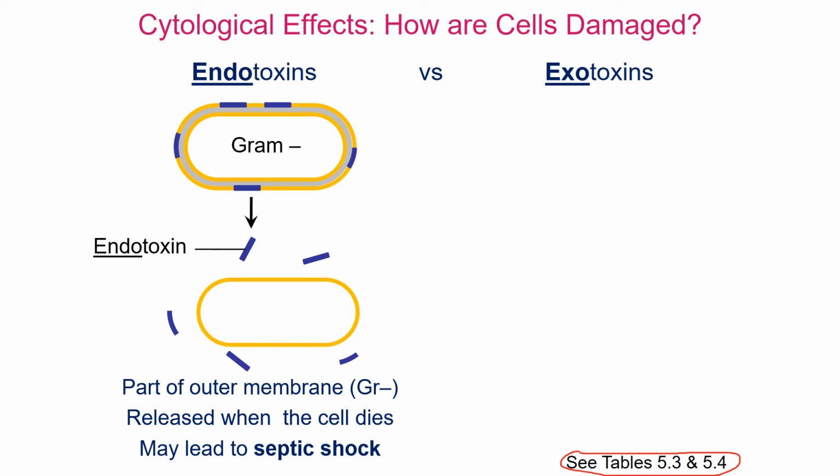Check them out if you're interested in seeing a list of a whole bunch of these things. The main thing, though, when people talk about endotoxin, is they're talking about something found in gram-negative bacteria. If you remember, gram-negative bacteria have two membranes. We've got the plasma membrane, PM, and then we have the outer membrane, OM, for outer membrane.